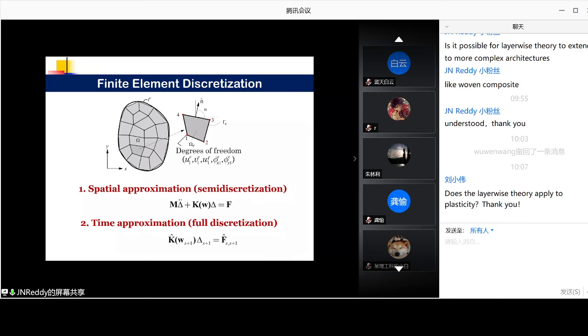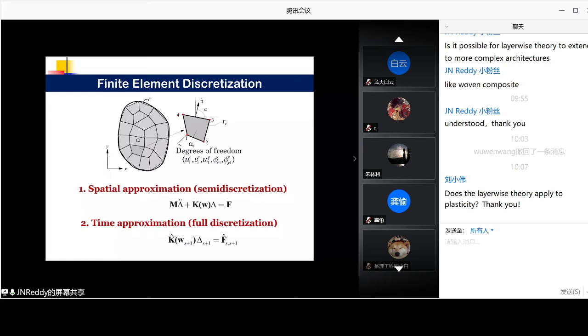So in general, finite element analysis has 2 different meshes, but in most practical cases we choose the same mesh for both. This is what we call isoparametric formulation, meaning the same degree of approximation for geometry and for the variables. As a result, we don't show 2 different meshes, but in principle, you can have 2 different meshes.